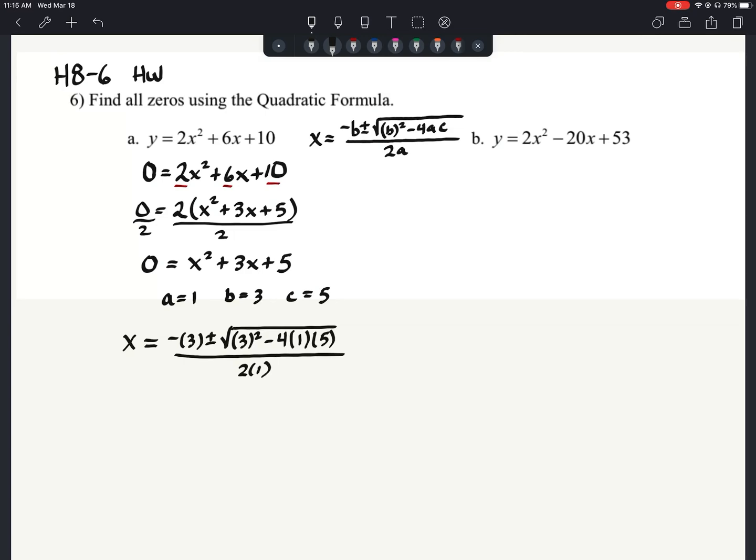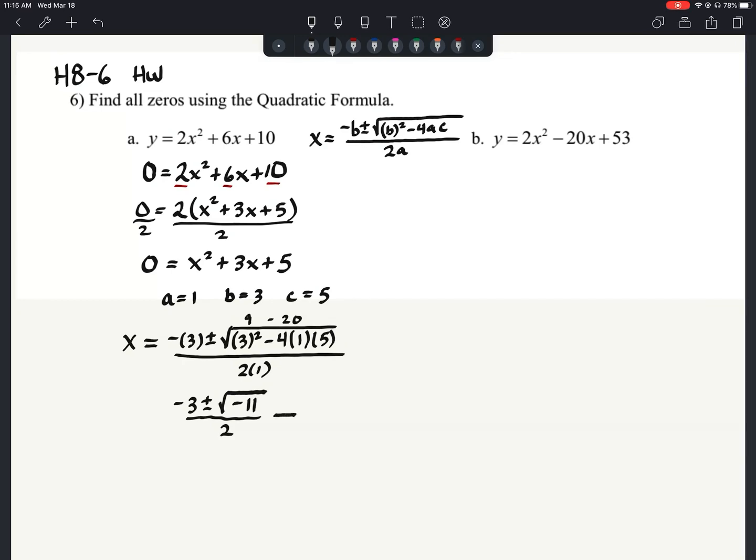What we're looking at here is negative 3 plus or minus the square root of 9 minus 20, which is going to give us a negative 11. Made my radical a little too long there. And then on the bottom, we have 2 times 1 is just 2.